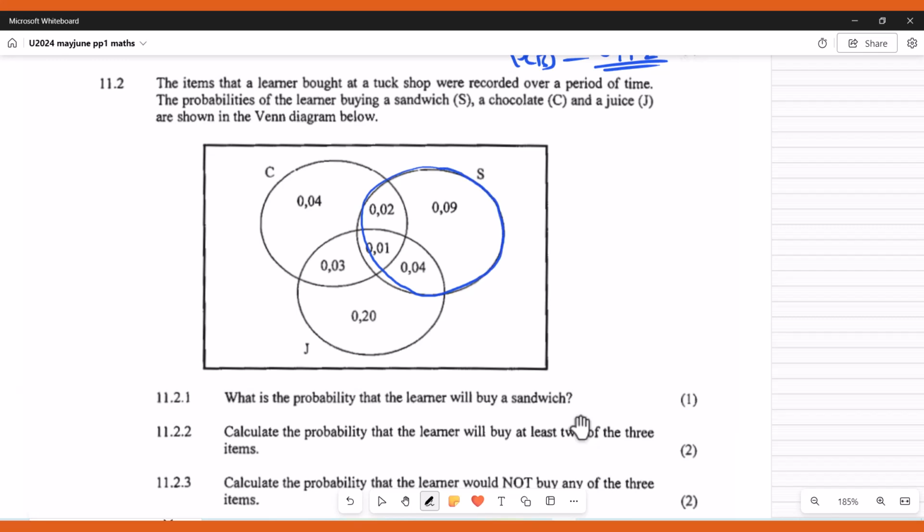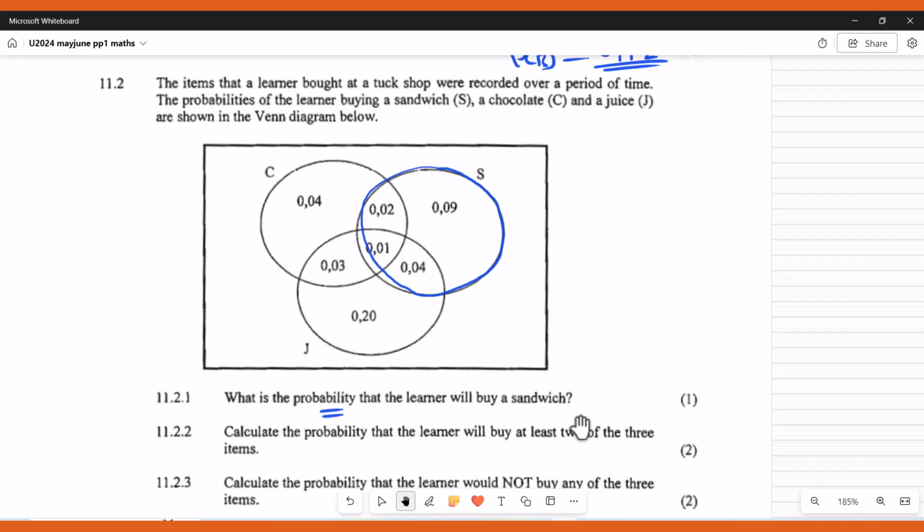We're going to say 0.02 plus 0.01 plus 0.04 plus 0.09. What do you get, calculators?